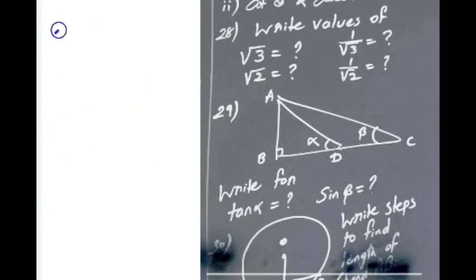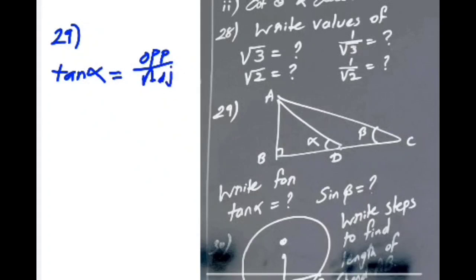Now 29th question. Now let's see according to this figure that we make in application of trigonometry. So tan alpha we have to consider here. You have to find that. So tan alpha is opposite upon adjacent. So therefore tan alpha we can apply as AB upon BD.